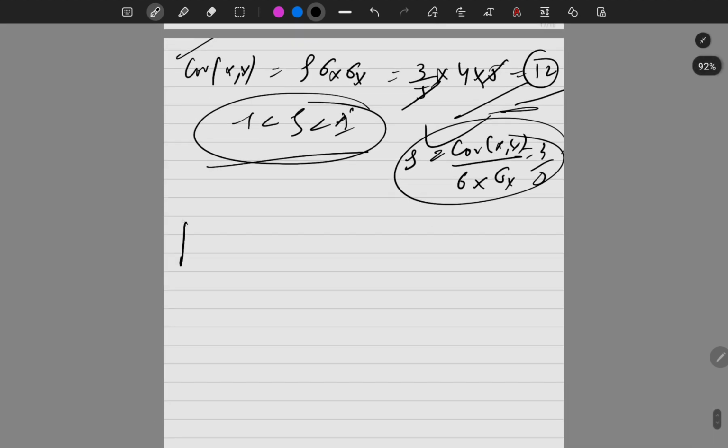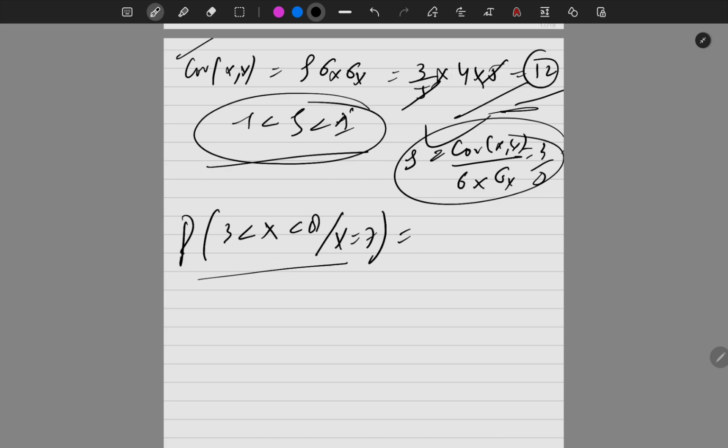So we need to calculate the probability of x given y is equal to 7. Treat this as conditional, right? So we find the expectation of x given y, and we find the variance of x given y.